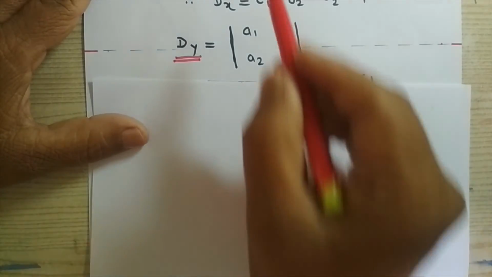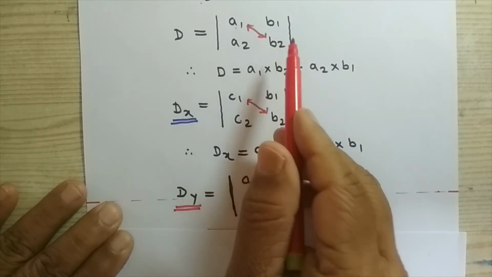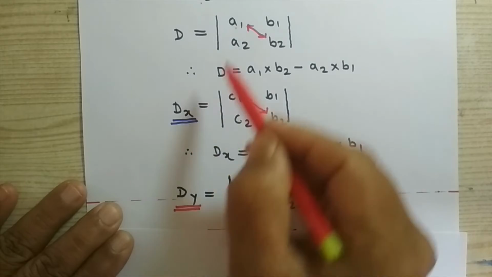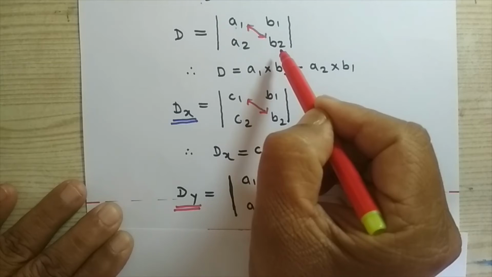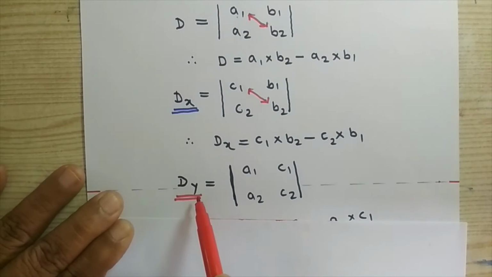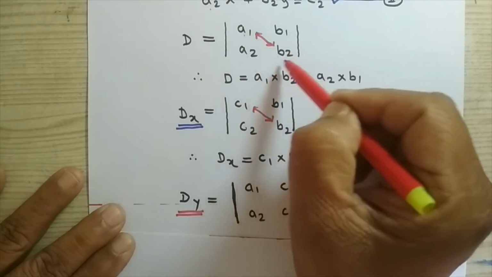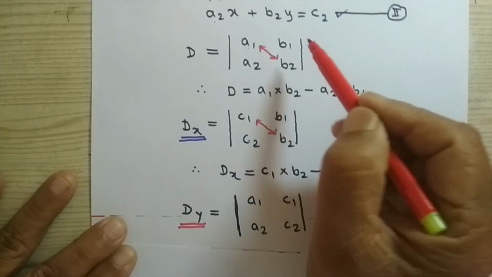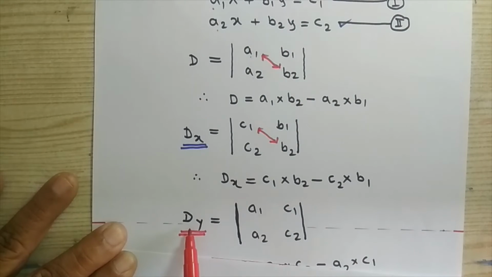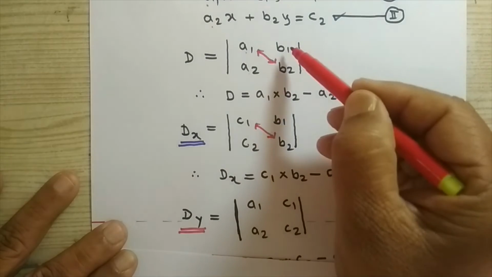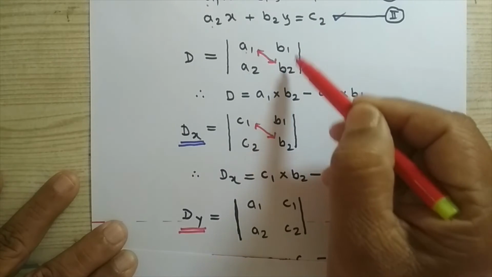Again we have to observe the first determinant D. When we have to find Dx, we eliminate a1 and a2. When we have to find Dy, at that time we have to eliminate b1 and b2. b1, b2 are the coefficients of y, so we eliminate b1 and b2 and write c1 and c2 in that place.